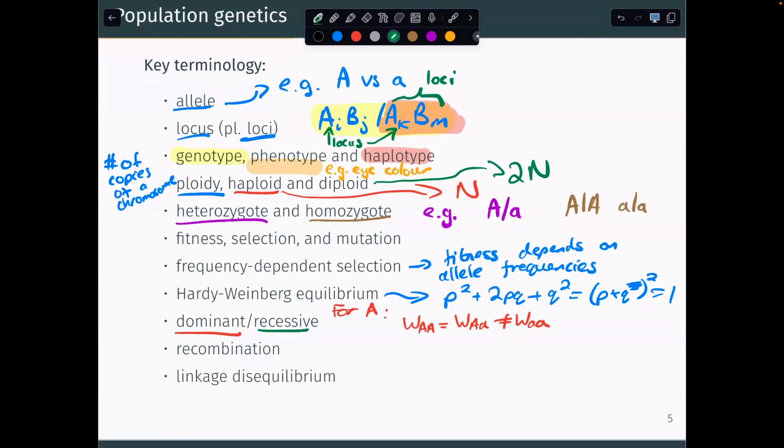Conversely, if big A allele is recessive, it's just the reverse of this. So in this case, we would have big A being different from big A little a. These are just reflections of each other, essentially.